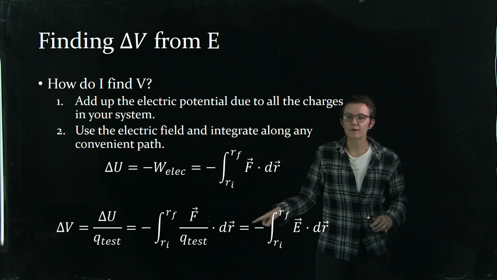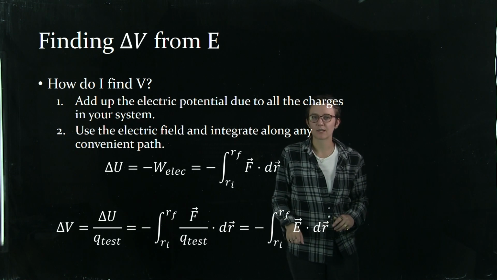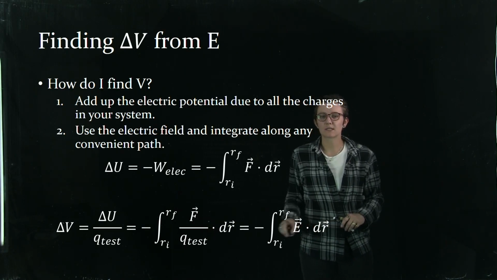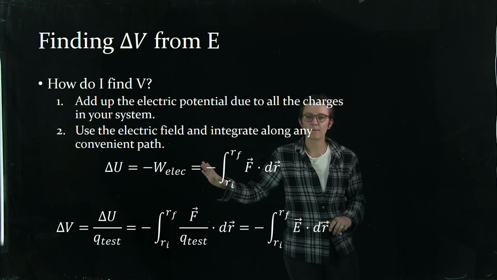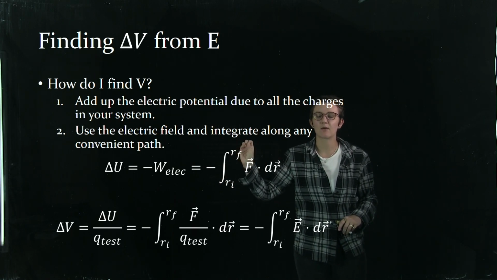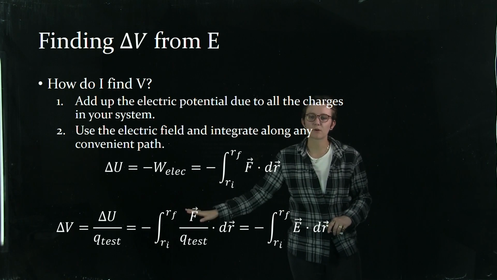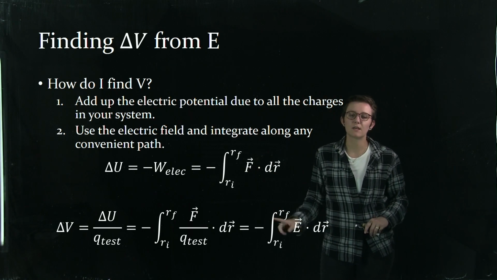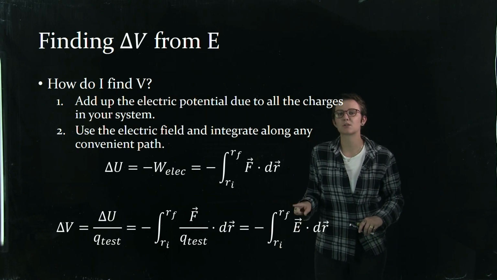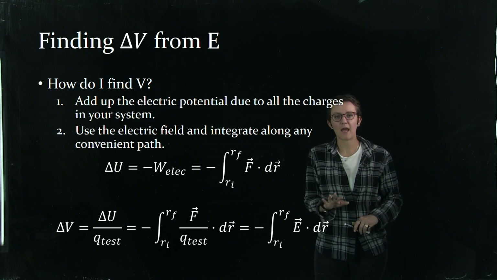It's just a scalar. And now I can identify F over Q as my electric field. So through this method of working from my definition of my conservative force and my electric work done on a system, I can think about my electric potential difference as the negative integral from some initial position to a final position of my electric field dotted over this path.